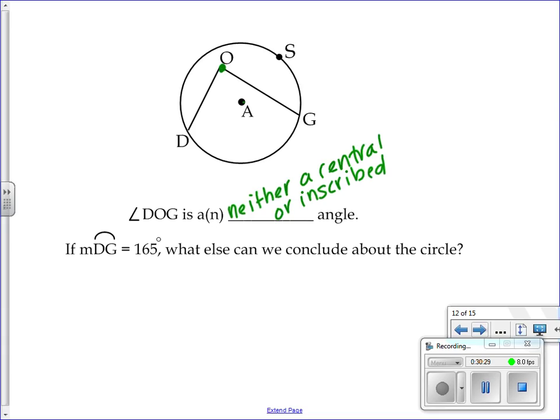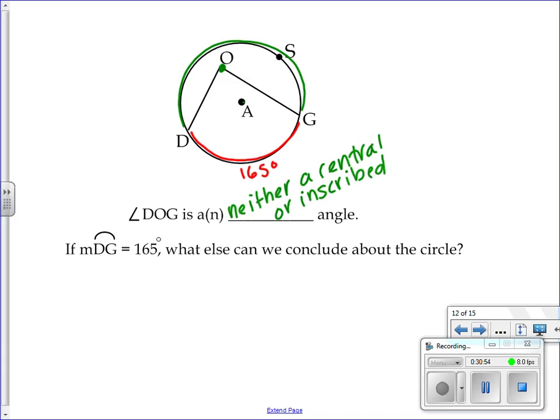Well, but let's look at what they gave us. They still gave us the measure of arc DG. This is 165. What else can we conclude about the circle? Well, I can't figure out the angle because I don't know anything about it. It's not a central or an inscribed. But we could talk about the rest of the circle's arc.